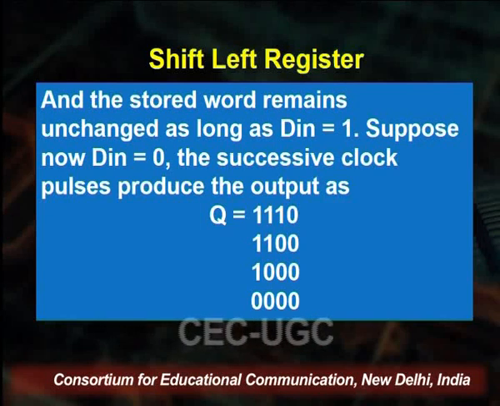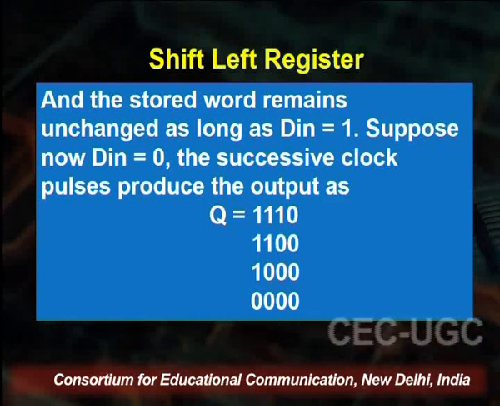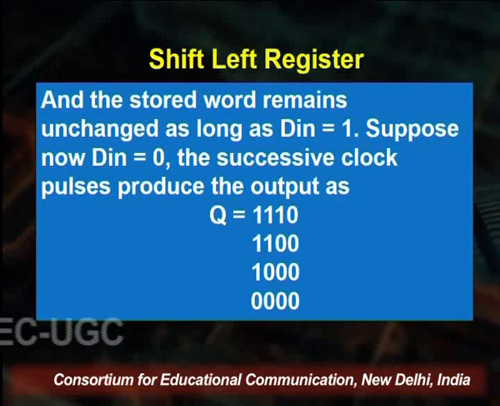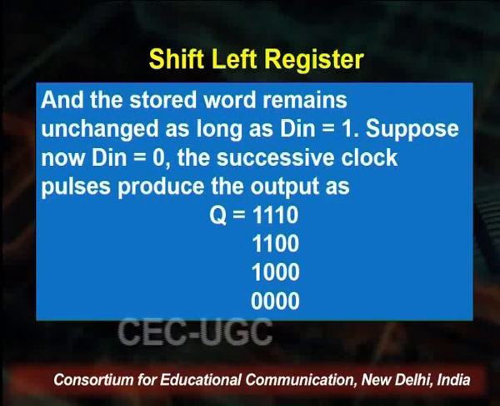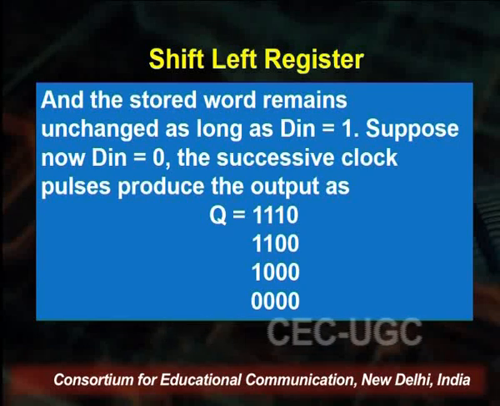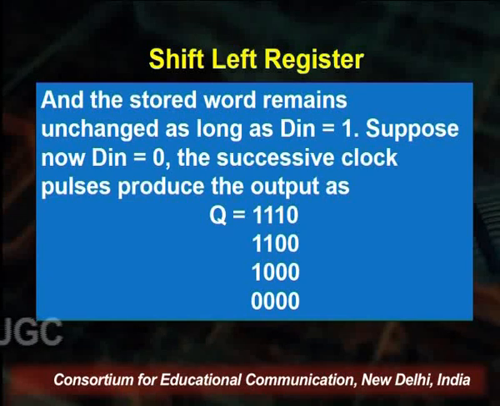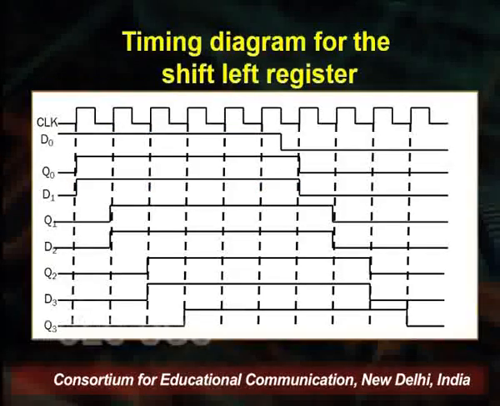After this, any number of clock pulses can come and the shift register retains the value 1, 1, 1, 1. The typical timing diagram for the shift left register is shown here, and you can see that D and the Q values are in sync with one another.